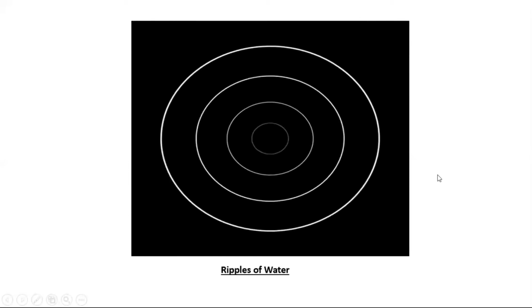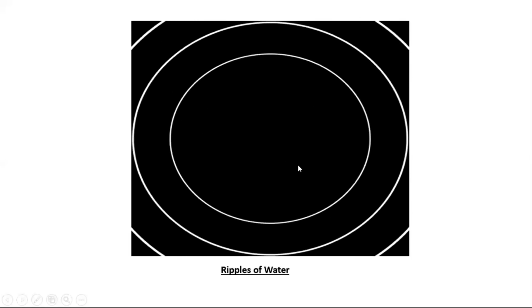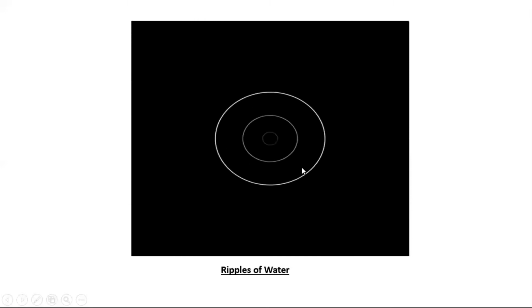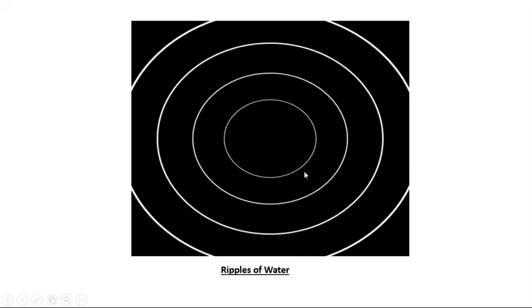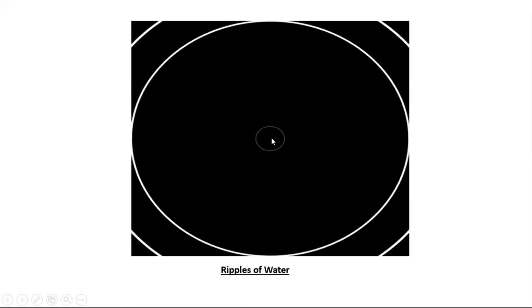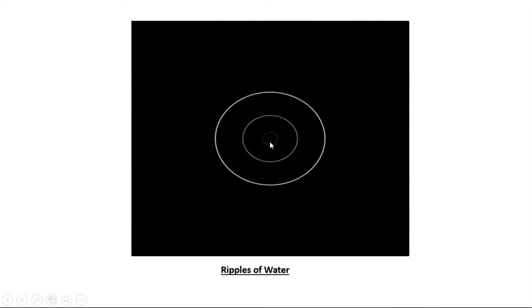Consider a pond of still water where there is no movement of water. If we throw a stone in this pond, we are going to observe ripples of water. These ripples are nothing but alternate crests and troughs, which begin to spread out from the point of impact.